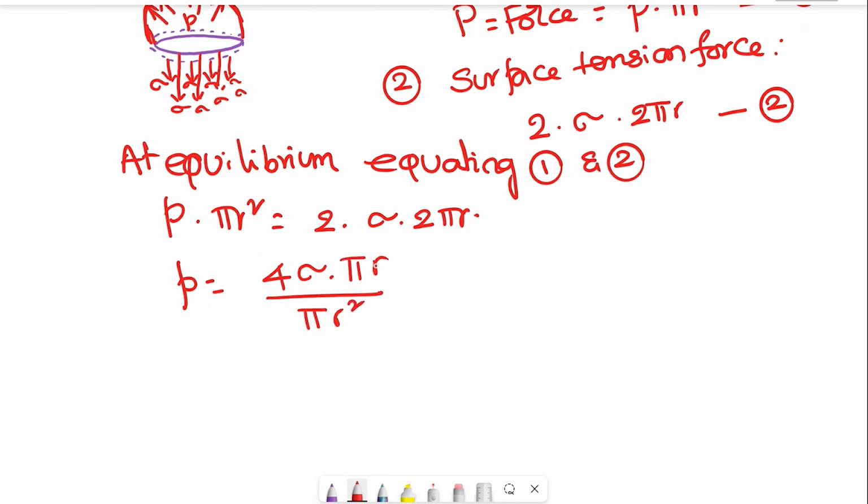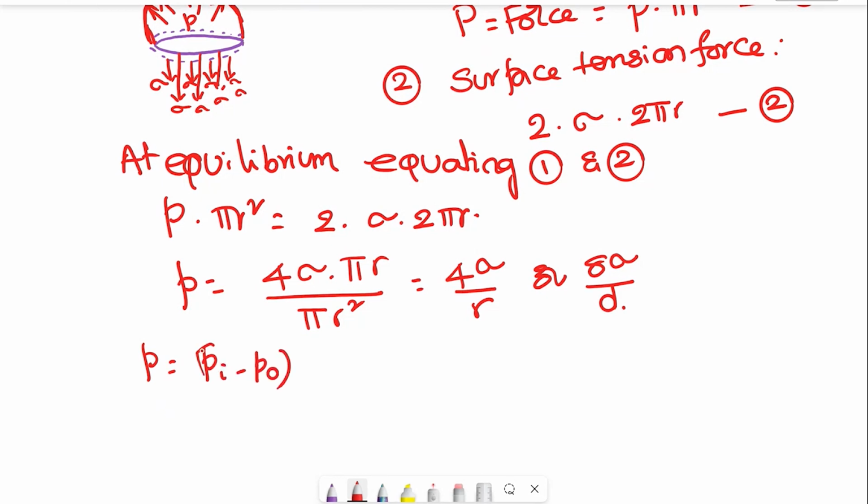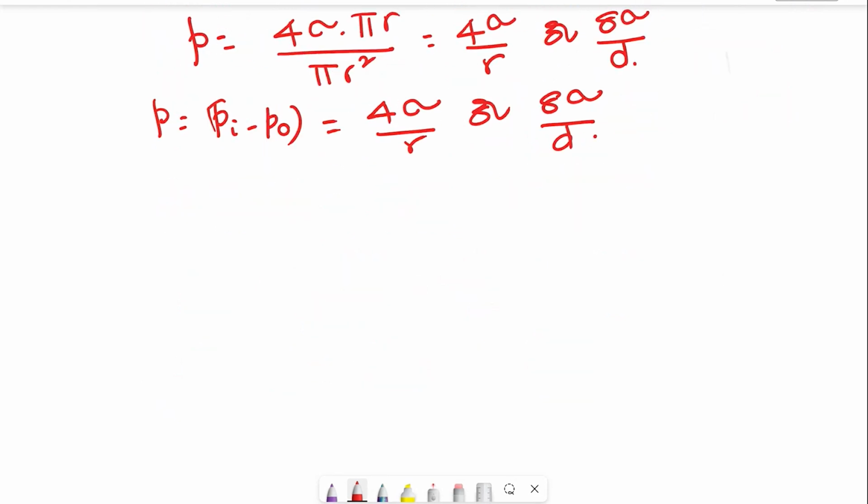So pi will cancel, r will cancel. So it is 4 sigma by r, or 8 sigma by t. So P is equal to Pi minus Po, which is our notation, equal to 4 sigma by R or 8 sigma by T. This is the second case study.